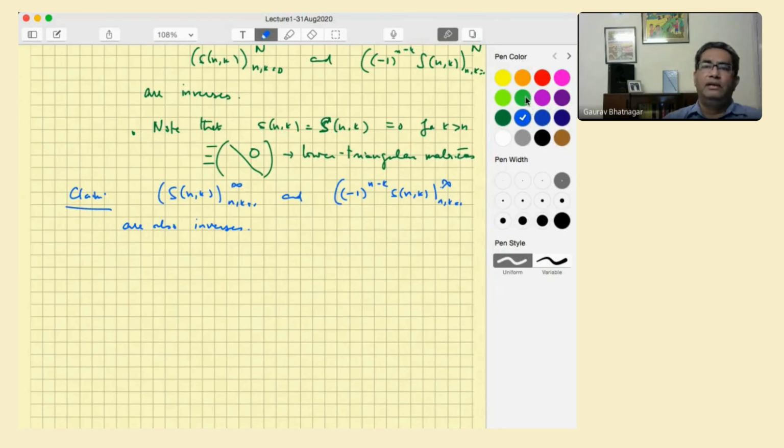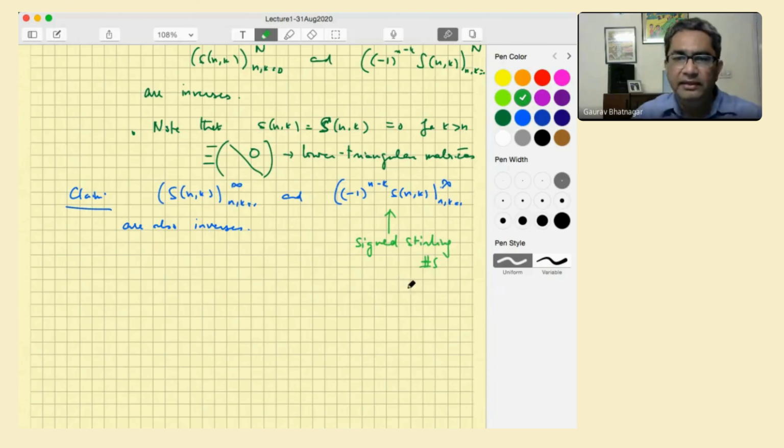These are called in the literature signed Stirling numbers of the first kind. So they are sometimes also called c_{n,k}. So you see, Stirling numbers of the second kind don't usually come with signs. The Stirling numbers of the first kind come with signs.